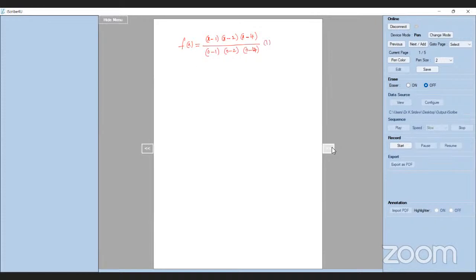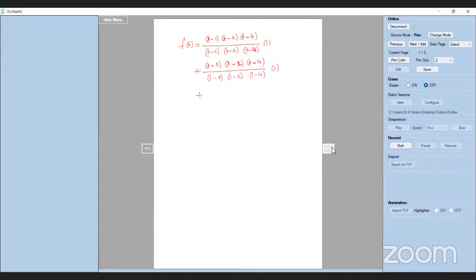Plus the next term: x minus x0, x0 means 0, x minus x2, 2, x minus x3, 4, divided by x1 minus x0, 1 minus 0, 1 minus 2, 1 minus 4. And the f of x1 value is 1.